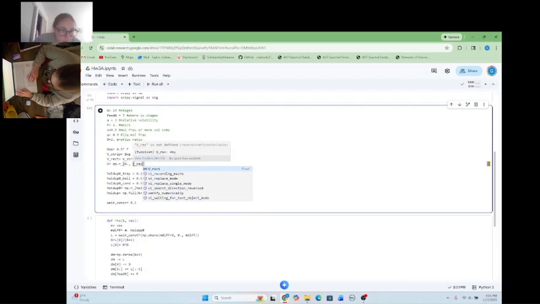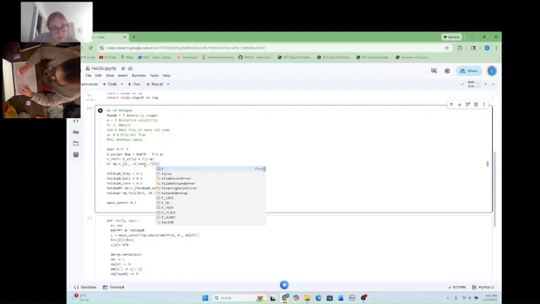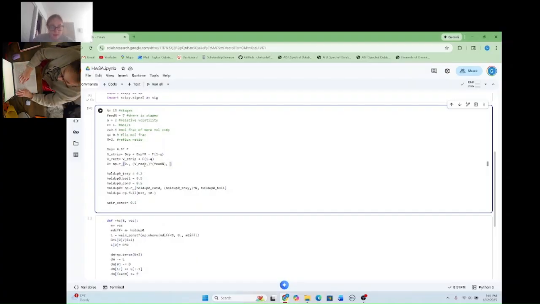So V_rectifying, and then a comma, and then here, that means we're going to be multiplying it by our feed n, so this is going to give us 7 stages of that. And then we have our stripping section, so V_strip. And we are also going to do the same thing with that.